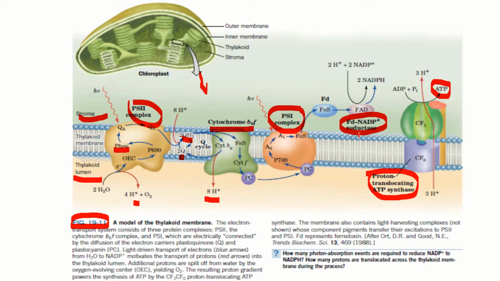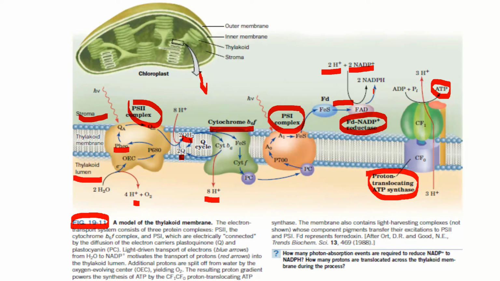Ferredoxin NADP plus reductase. What is it doing? It is accepting NADP plus, it is accepting electrons, it is accepting protons. So this ferredoxin NADP plus reductase is accepting three types of species. One is NADP plus, the other one is protons, and the third one is electrons. Ultimately synthesizing NADPH plus H plus molecules.